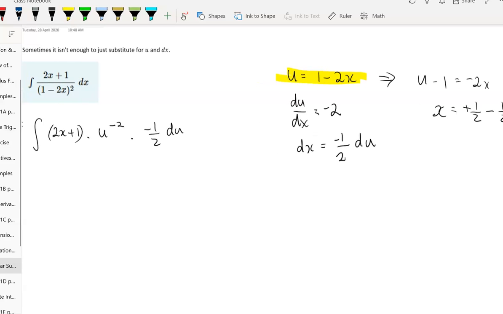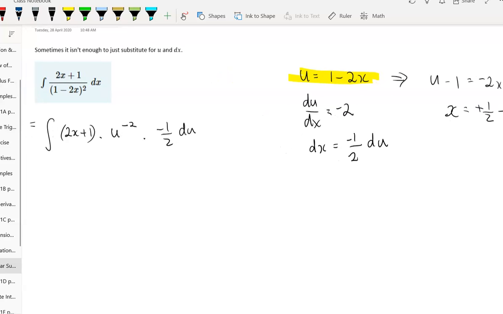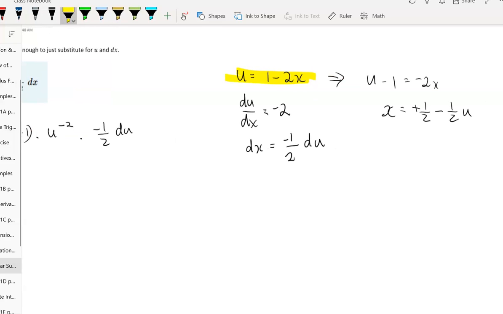Now, normally that's what you do when you're substituting for x, but if you notice in this particular case, we've actually got 2x, and I've got a 2x here. So I don't actually need to change the function. So I'm going to leave it as 2x. So 2x is equal to, if I move that to that side, it's going to be 1 minus u.